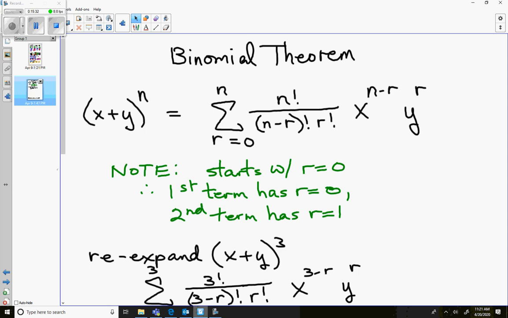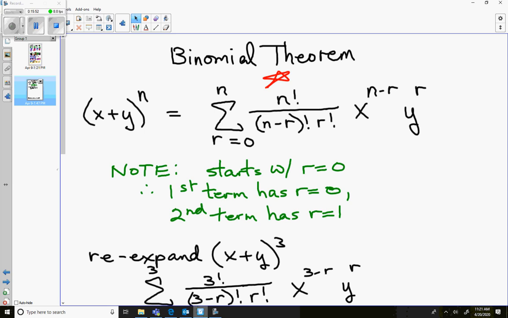So x plus y to the nth power equals the sum from r equals 0 to n. And notice what's right here? n factorial over n minus r factorial, r factorial. That was that combination that we started with.